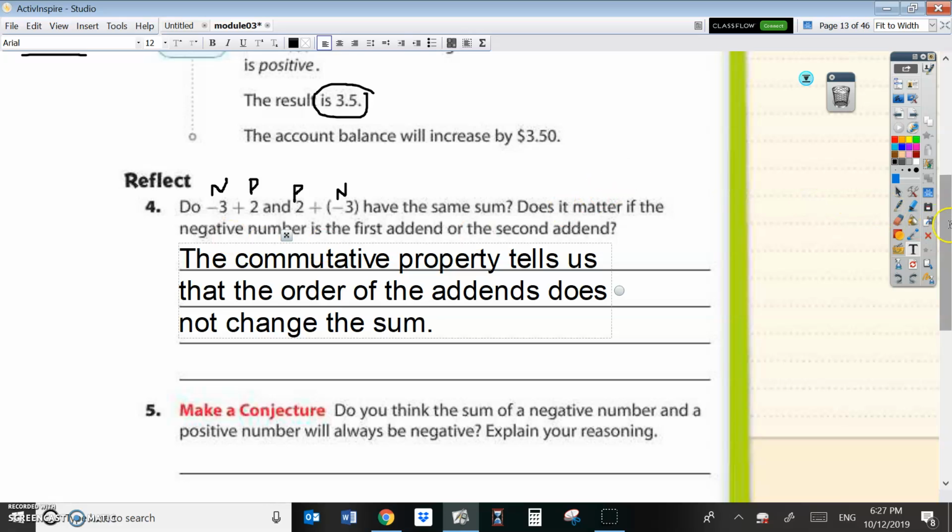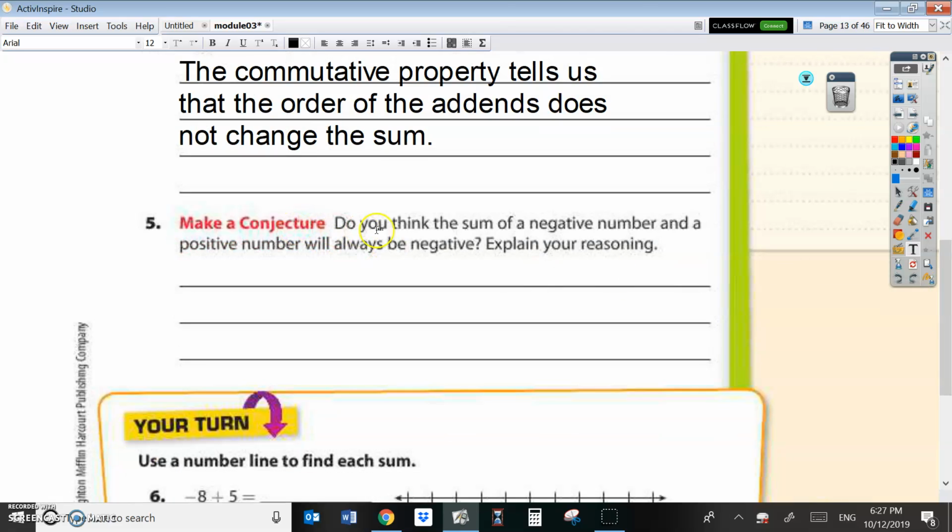Okay. So do you think the sum of a negative number and a positive number will always be the same?